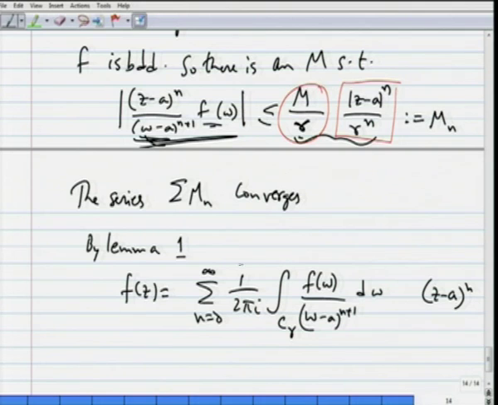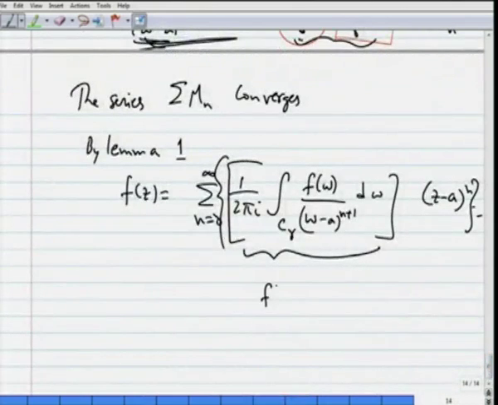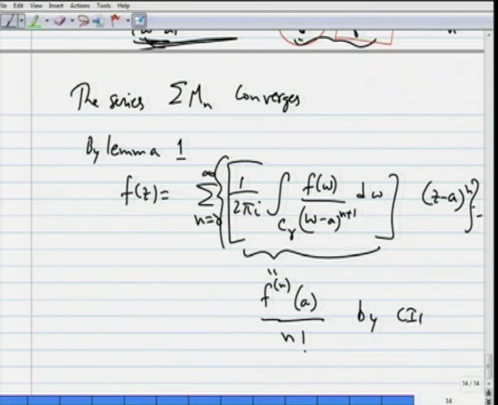Okay. So, I will put this within parentheses times z minus a power n, and everything is in sigma. Okay. And this much, from Cauchy's integral formula, we recognize to be the nth derivative of f at a divided by n factorial. Okay. So, this is equal to this by Cauchy's integral formula for higher derivatives. Okay. So, we proved all our assertions, and that proves Taylor's theorem.